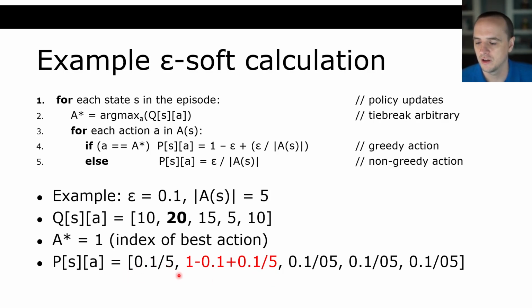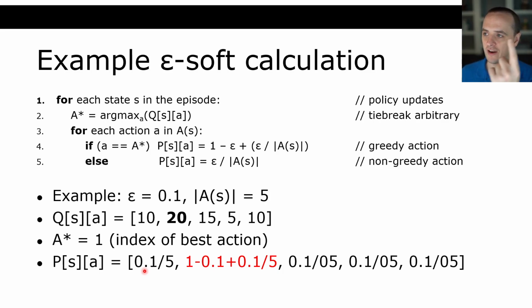Up here, it says if it's not the greedy action, so if it's not action 1, okay, then it's going to be 0.1 divided by the number of possible actions. Let's think about it. If we have 5 possible actions and we have a 10% chance of choosing a random action, what is the chance that any given action will be chosen? Well, it's 10% divided by 5, right?